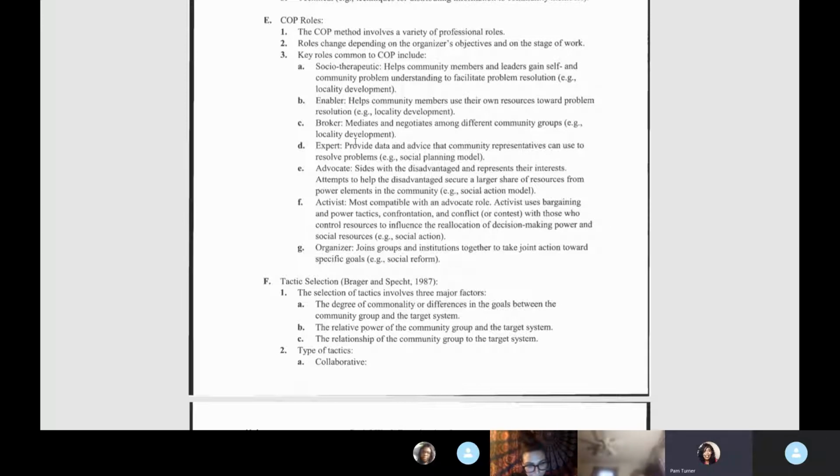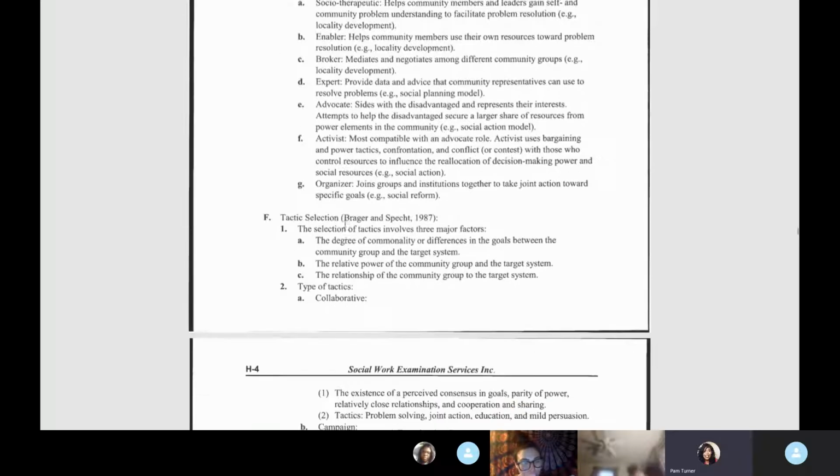Especially in locality development, which is if I'm trying to build a playground in a local area, and the school is saying we need a playground, and the community is saying we don't want to pay for it, the broker might work between those two big institutions to help figure out what we're going to do. Advocate, activist, those terms most people know.